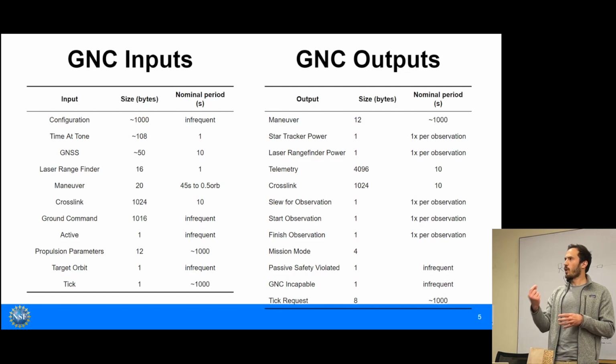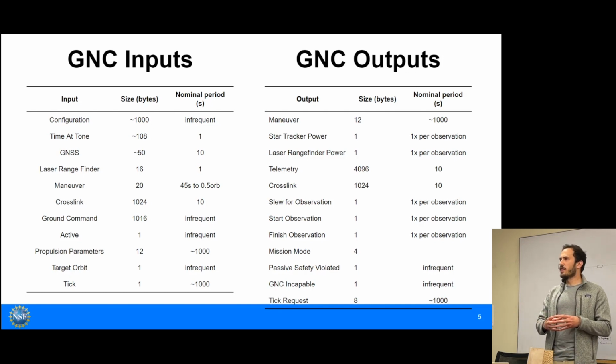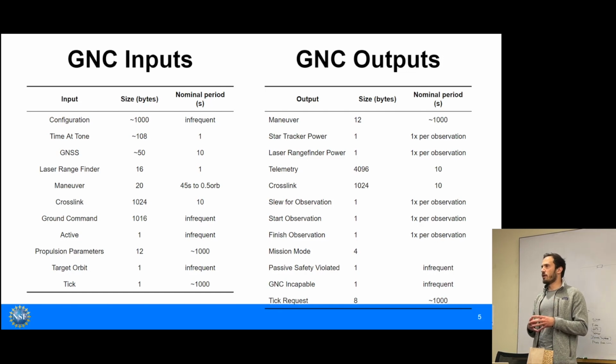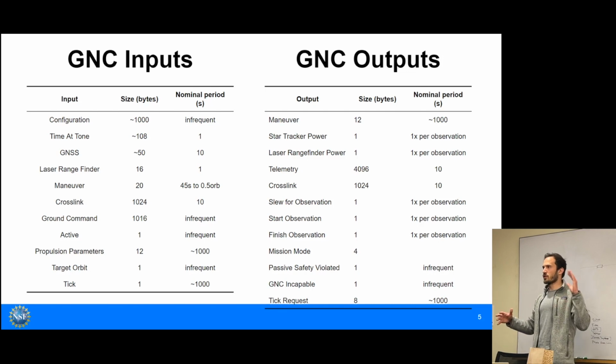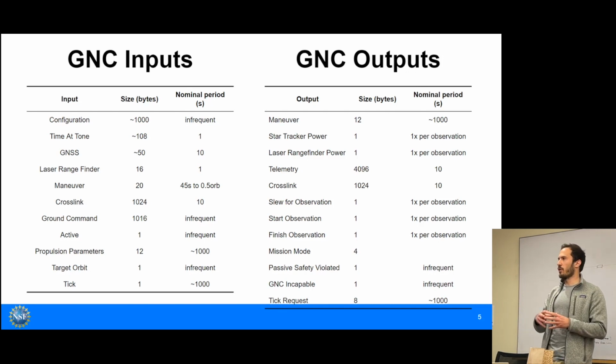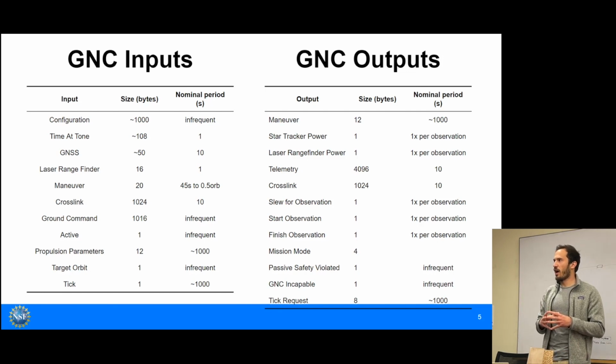So we'll have available a new estimate of our state every 10 seconds. Then this state estimate is going to be downsampled by the maneuver planning logic, which is usually going to plan maneuvers at a slightly less frequent pace. In particular, maneuvers are going to be planned in an interval which ranges from 45 seconds during scientific operations, very close to scientific observations, to 0.5 orbits during, for example, transfer operations.